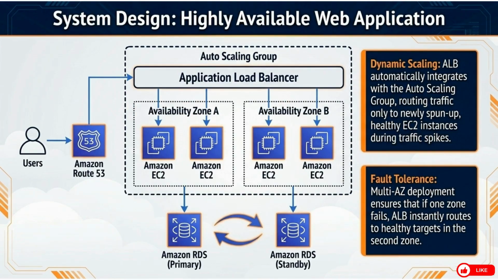Question 3. What problem does GWLB solve? Answer: centralized security inspection using third-party security appliances. Question 4. Which load balancer is best for microservices? Answer: application load balancer. Question 5. Which load balancer supports static IP addresses?